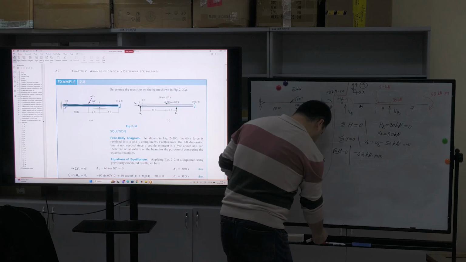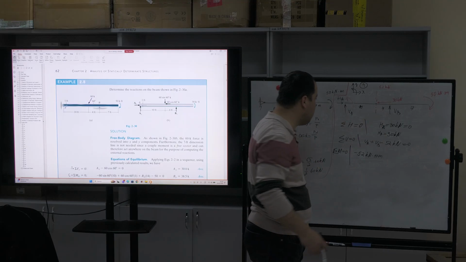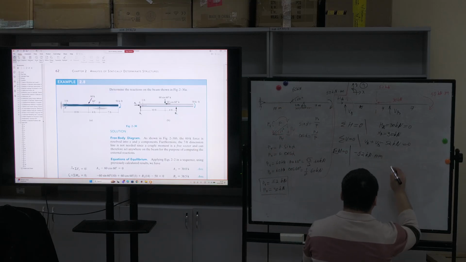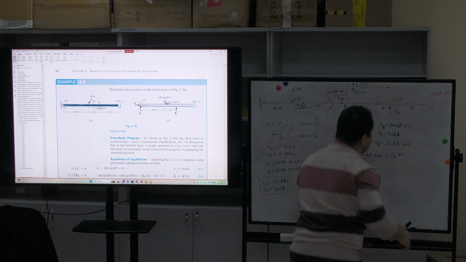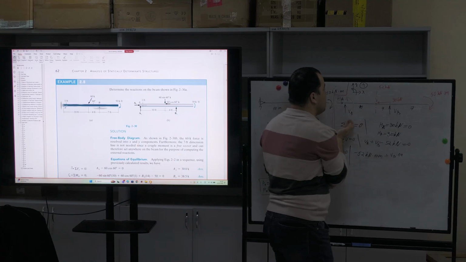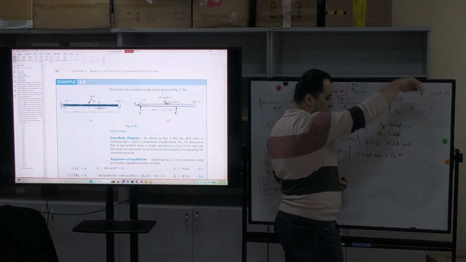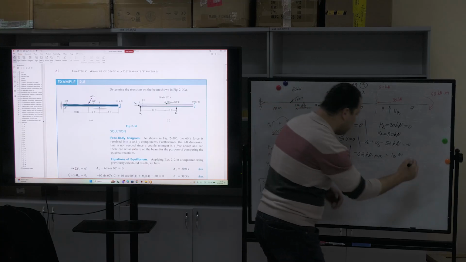Okay, good. So now, again, we have this reaction force. I can find VB. So plus VB product 14. And the next, minus, this is minus or plus? 15. Yes. It's trying to rotate this side. This one is trying to rotate downside, okay? That's right.